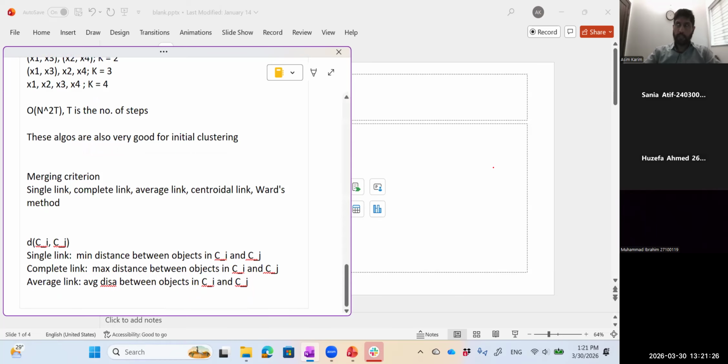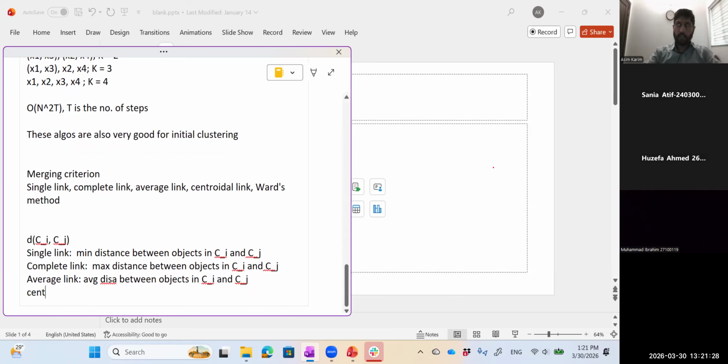So this is the average link, and then we have, as I said, the centroidal link. As the name suggests, this is the distance between the centroid of Ci and Cj. So this is actually also a single link, but this is a link between the center points of cluster I and some cluster J. These are, let's say, more robust to outliers because these are central points.